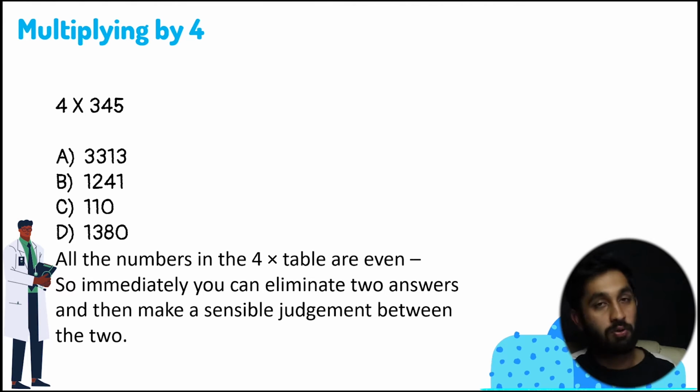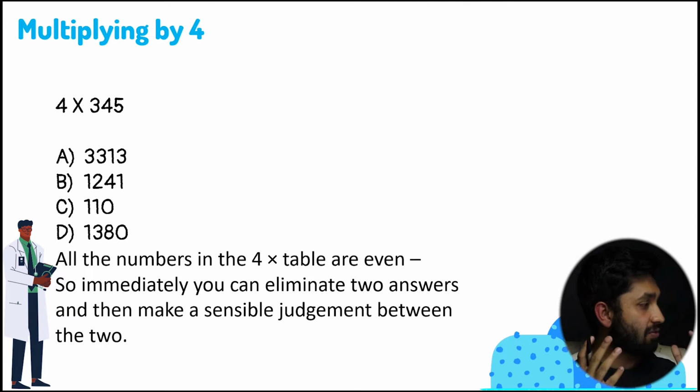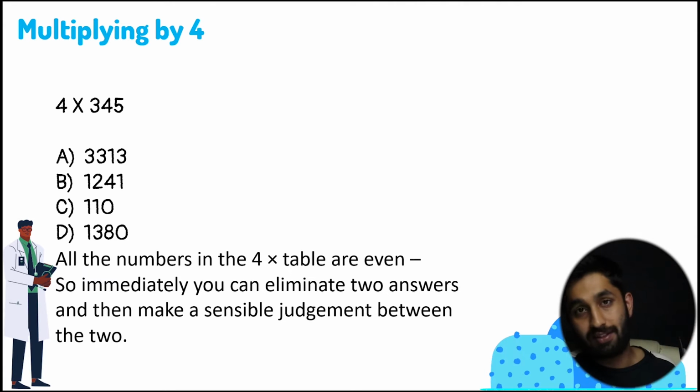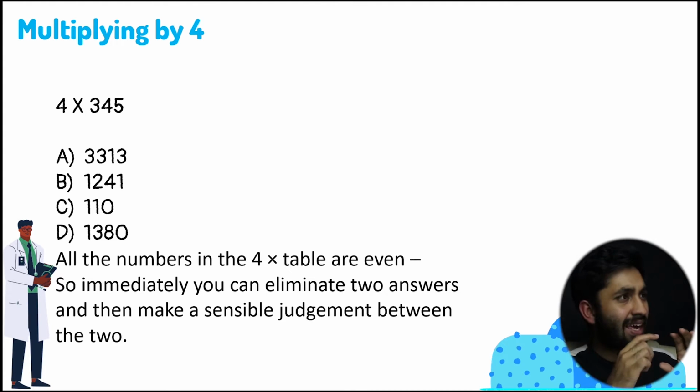Now, I know this example is, to be honest, not something you'd even get in the exam, but the thing that I'm trying to explain to you here is that in the quantitative reasoning section, the questions are relatively wordy.